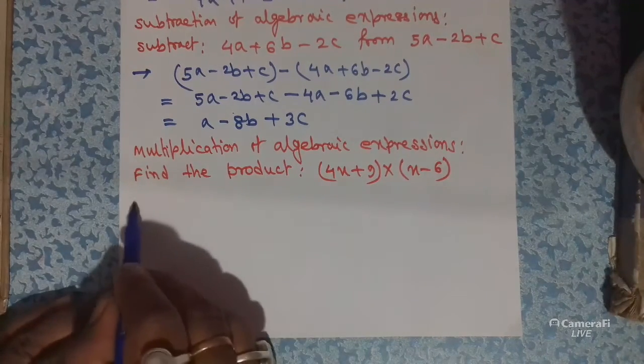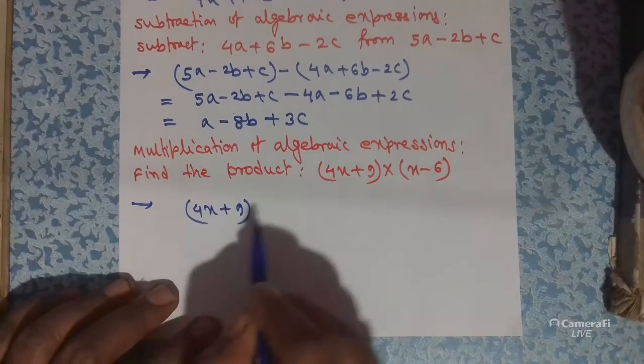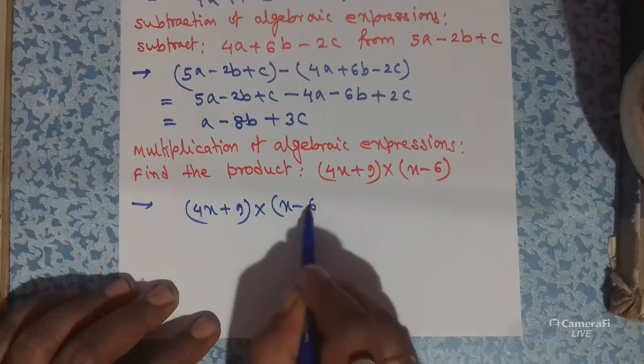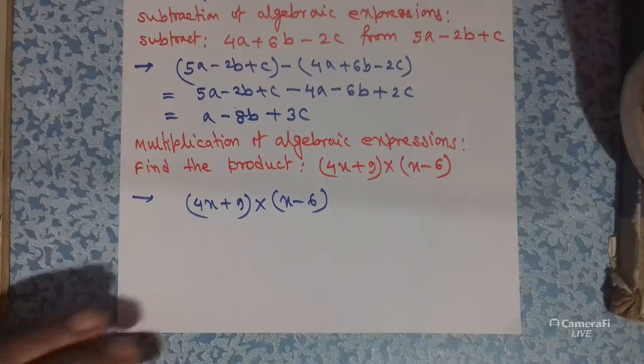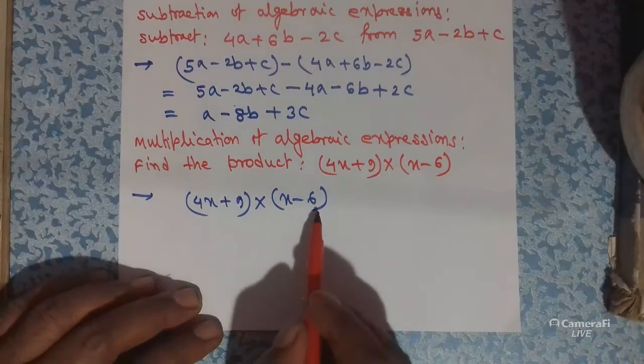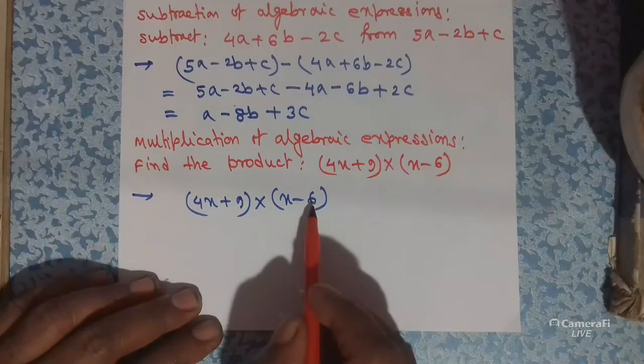So at first, students, we have to multiply 4x with x minus 6 and then 9 with x minus 6.